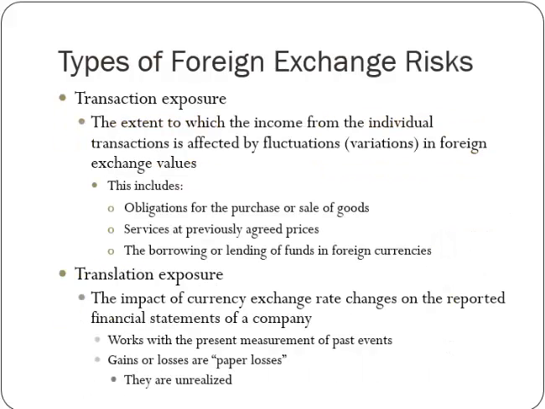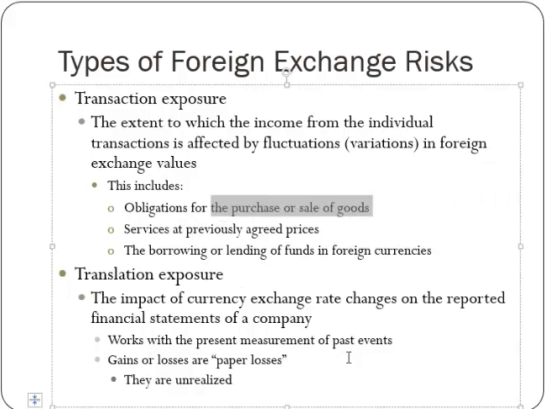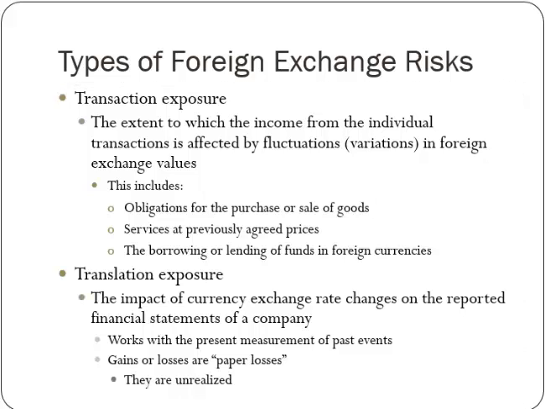Now, of course, there are risks in any foreign exchange transaction. There's transaction exposure, which is the extent to which the income from the individual transaction is affected by fluctuations in values. Obligations for purchase or sale of goods: if I commit myself to buy 25 cars for 10,000 euro each from Germany, well, that's okay.